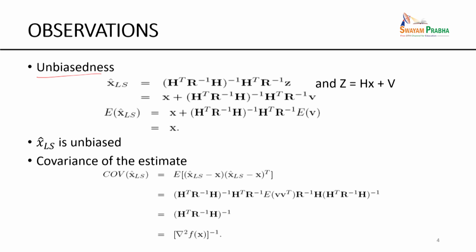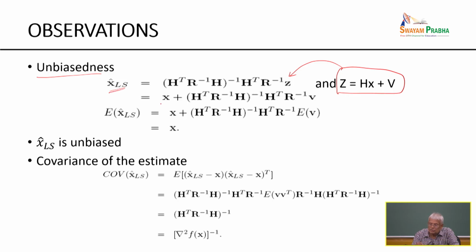So z is equal to H x plus v. If you substitute this z in here and simplify, you can readily see the least square estimate is equal to the original unknown plus a perturbation term that is coming out of the noise term. This perturbation term coming out of the noise term is a linear map of the observation noise vector.